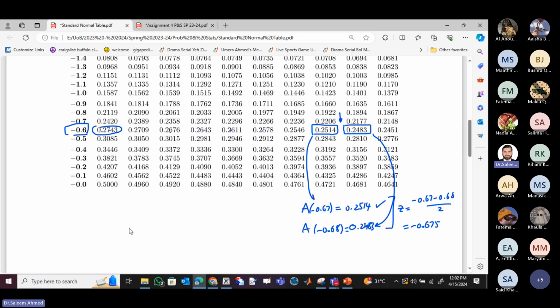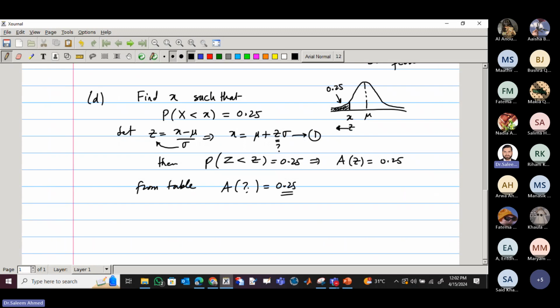So the area at minus 0.675 will be very, very close to 0.25. But you can pick 0.67 as well, no issues. The answer will not be wrong. So Z is equal to minus 0.675 from the table.